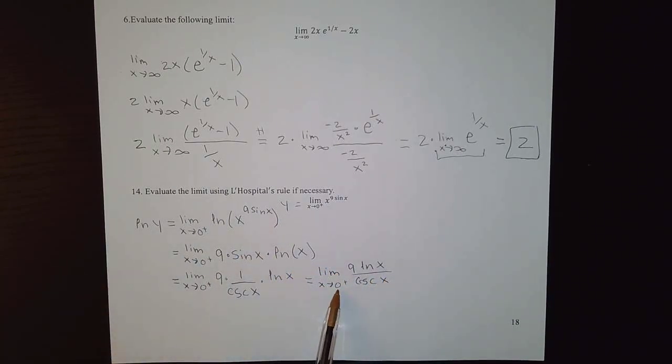Now, as we take the limit as x approaches 0, we notice that the natural log of 0 approaches infinity, and cosecant of 0 actually approaches infinity as well.